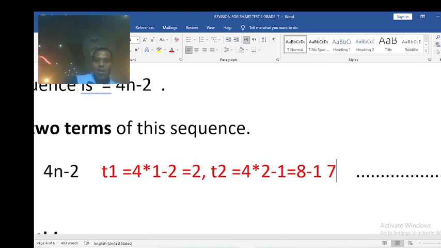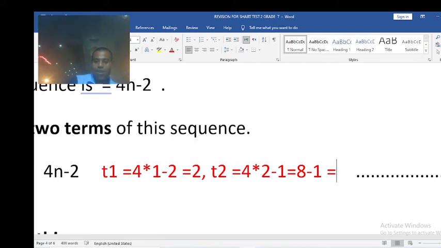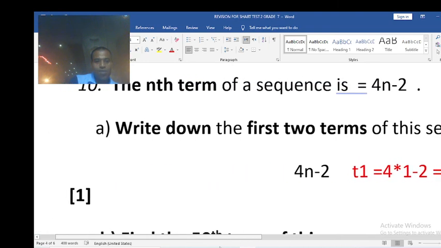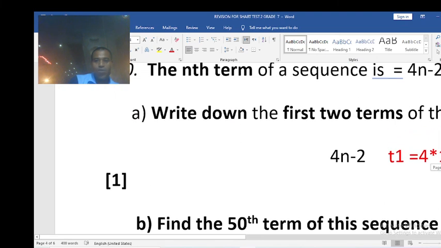Now we found the exact values of these two terms. So this is the correct answer. In the exam, this one of course will be changed. I wish that everything is clear for you.